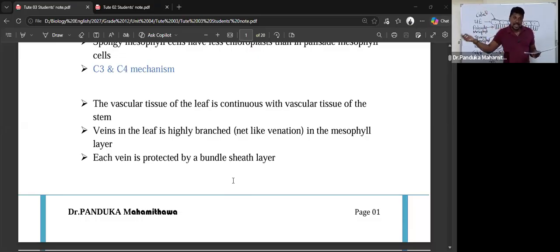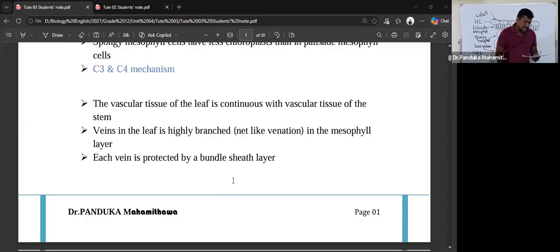Whereas you will understand in the next step when you learn the monocot leaves, they are not branched; they have parallel veins. The veins mean the vascular bundles, which consist of xylem and phloem. So in dicots, it is net-like venation that is highly branched.